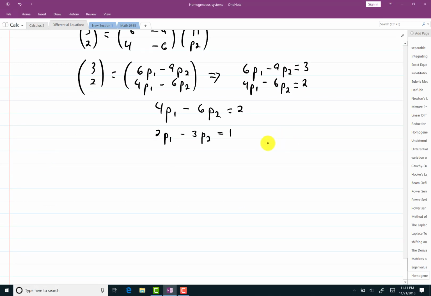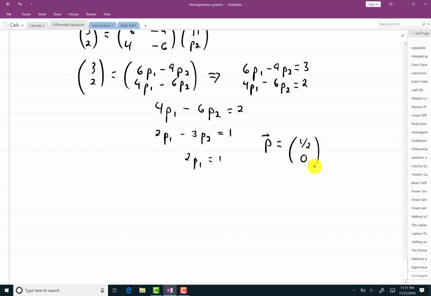I'm just trying to figure out what p1 and p2 are so I can fill out my p. In this case, you can permit one of the p's to equal 0 because you're not going to get a 0 vector. Something's got to equal this 1. So let's just suppose I let my second entry equal 0. Then my first entry, if this zeroes out, I have 2p1 equals 1. I'll get a 1/2 for my first entry.